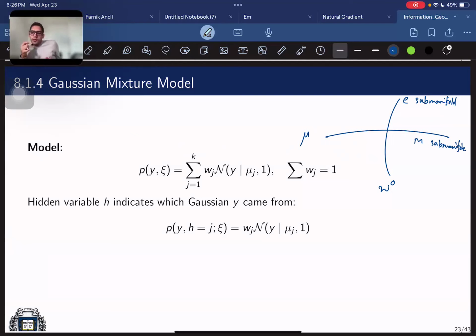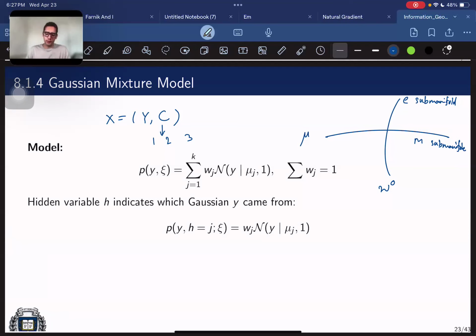You observe Y, but you don't observe the W's. You don't observe which one, so your data X is of the form Y and its class, which is either 1, 2, or 3. So you're not observing the whole X, what normal distribution this X is coming from. So we create a data manifold.